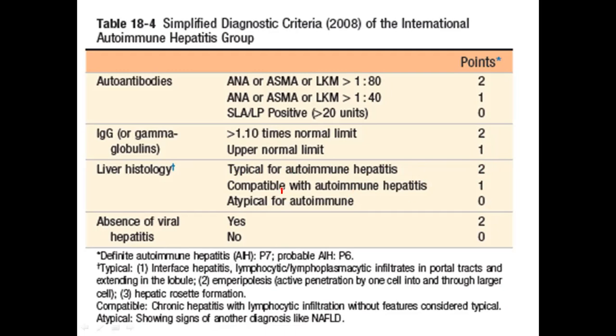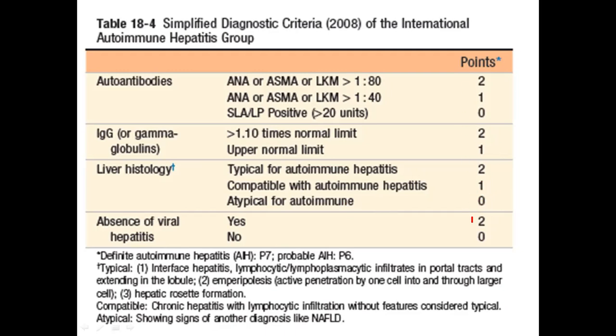If it is compatible with autoimmune hepatitis, meaning it does not show all these features but shows chronic hepatitis with lymphocytic infiltrate without features considered typical, then the score is 1. And if it is atypical, showing signs of another disease like non-alcoholic fatty liver disease or any other disease, then the score is 0.